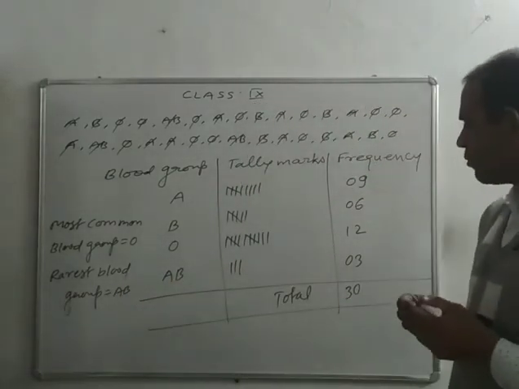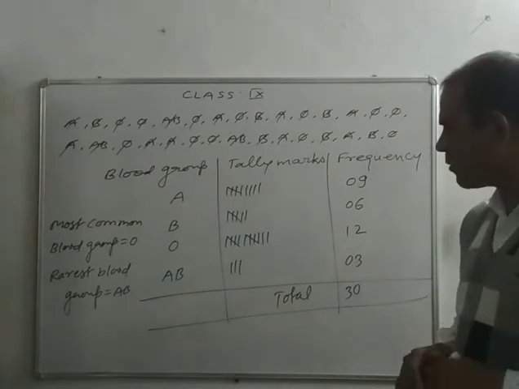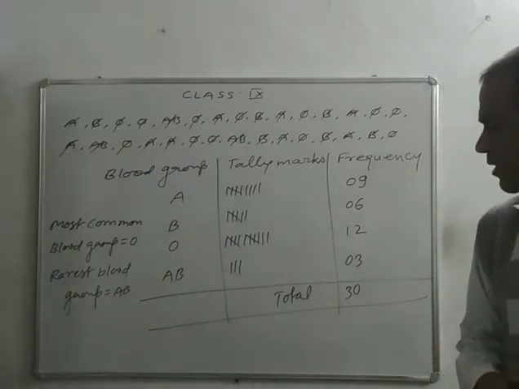So blood group O is the most common blood group, and rarest blood group is AB.